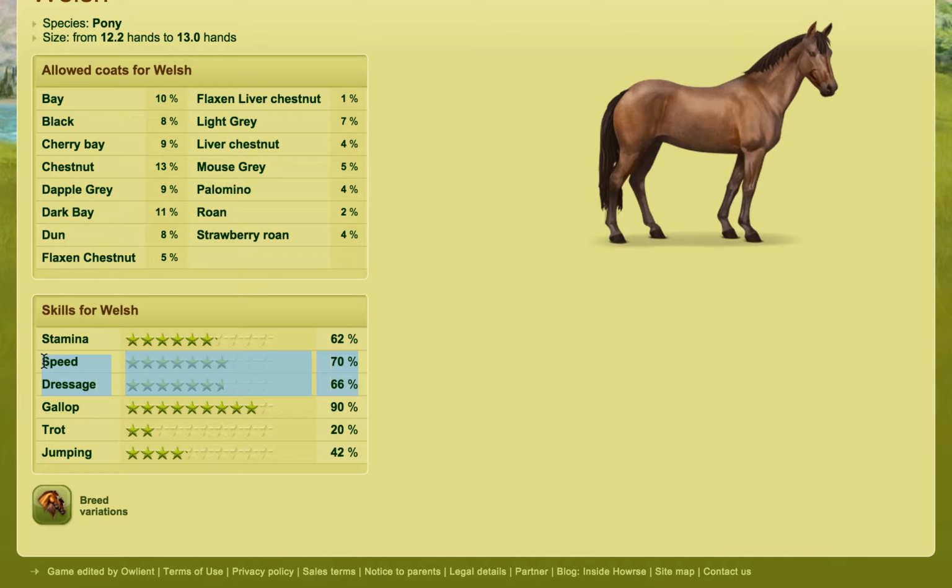I did message contact us a really long time ago because I had a purebred horse that switched its skills. Say, for example, it was a Welsh pony, its best original skills were speed, dressage, and gallop, and suddenly the dressage got lower than the stamina. So suddenly I actually had to work on stamina, speed, and gallop into the dressage.